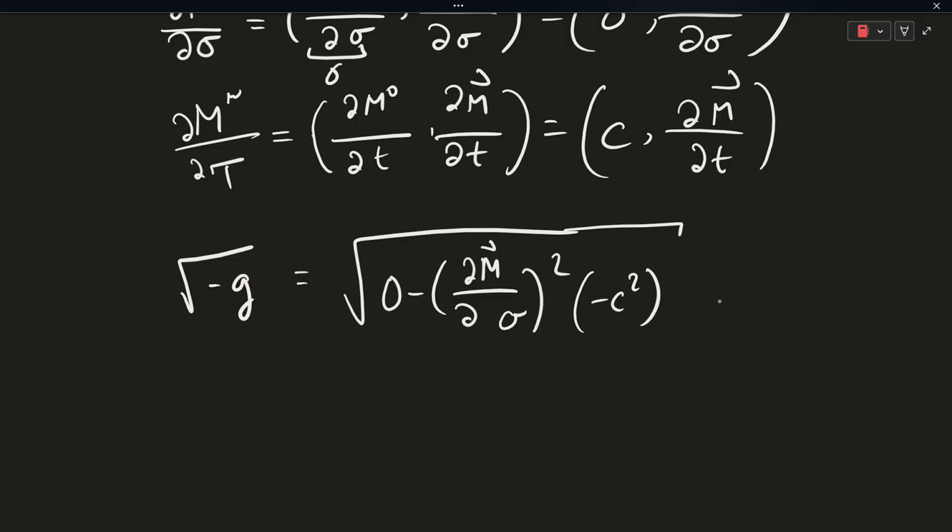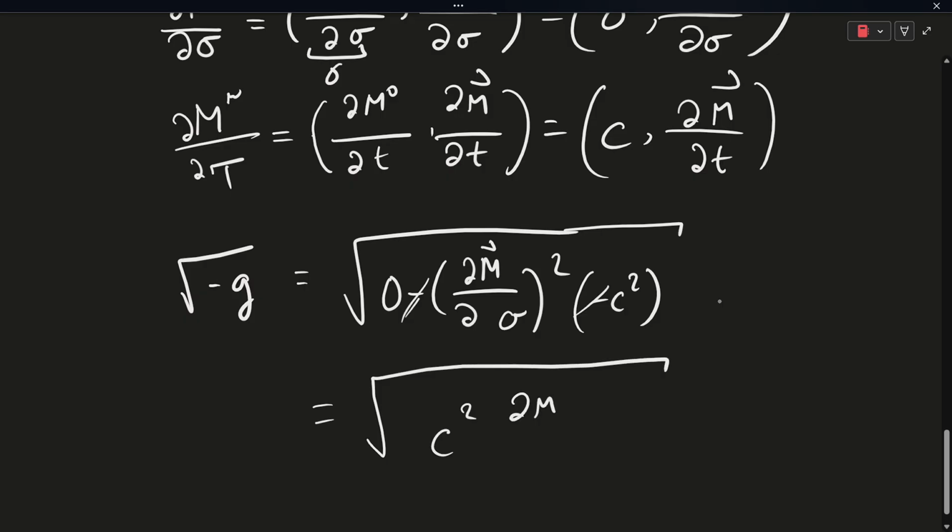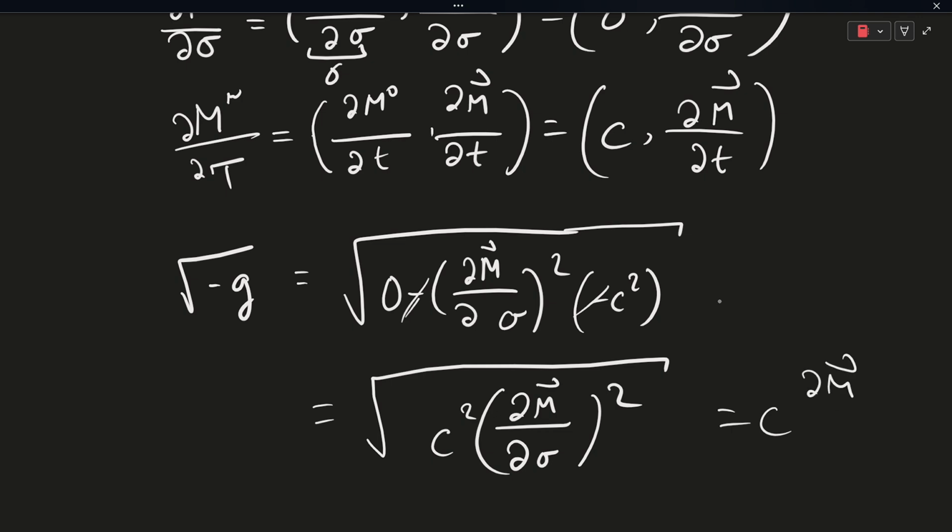And as you can see, we don't get any negatives under the square root because this cancels out with that. We would simply get c squared del M spatial by del sigma squared. And that's good, because then I would get c del M del sigma, which is again good.